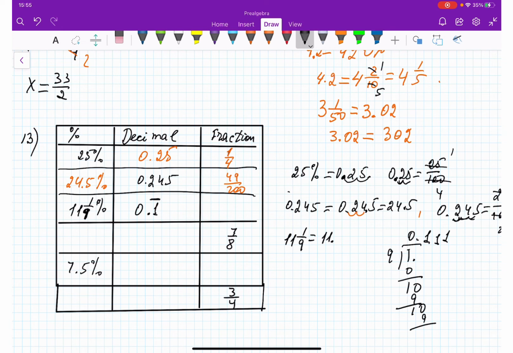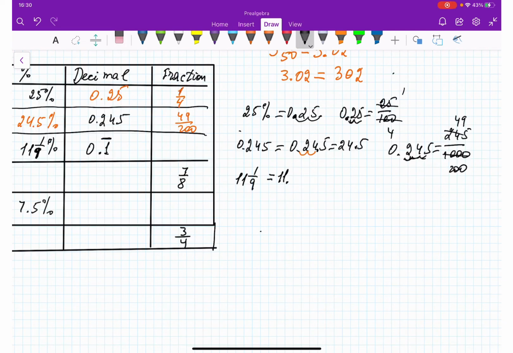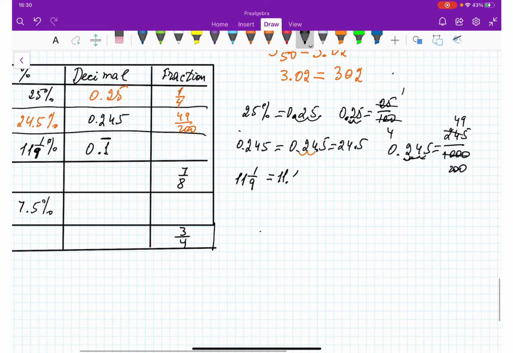Now I'm going to convert into fraction, right? 0.1, it's gonna be, you see, 11.11.